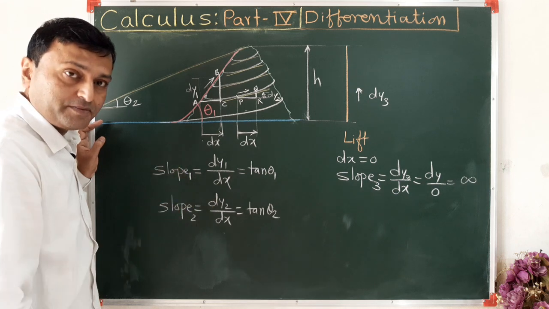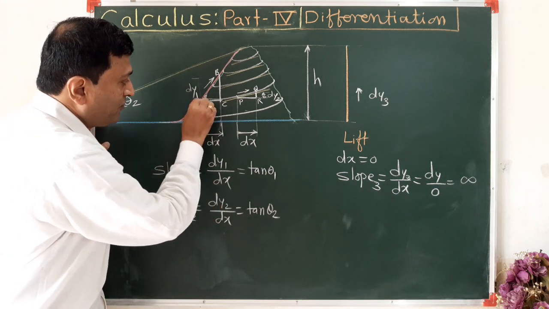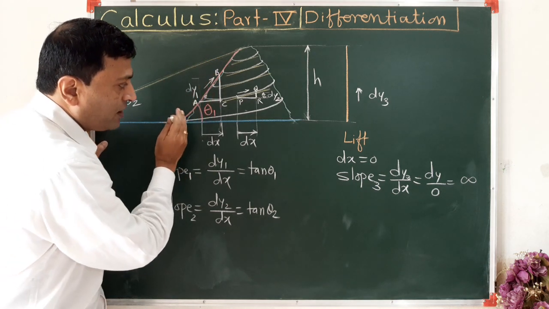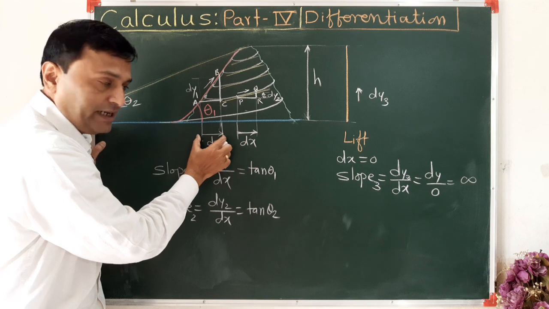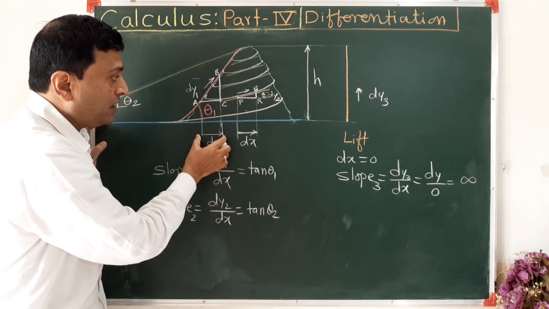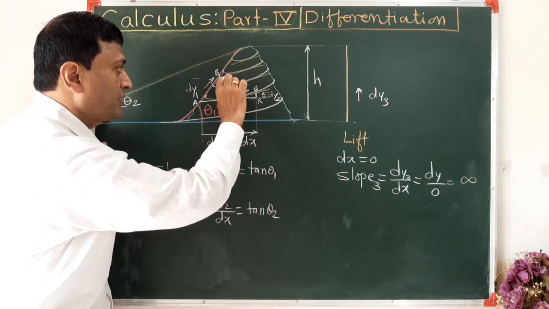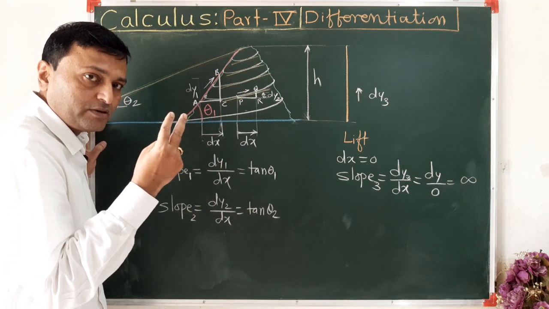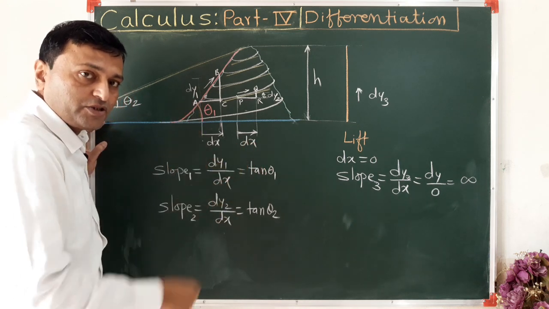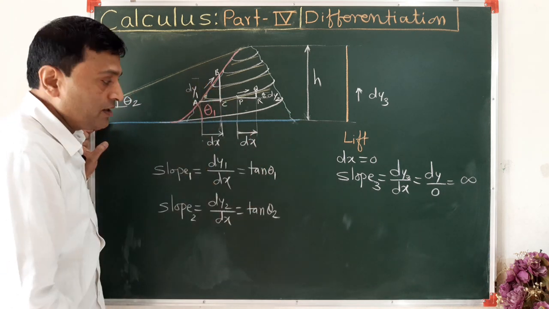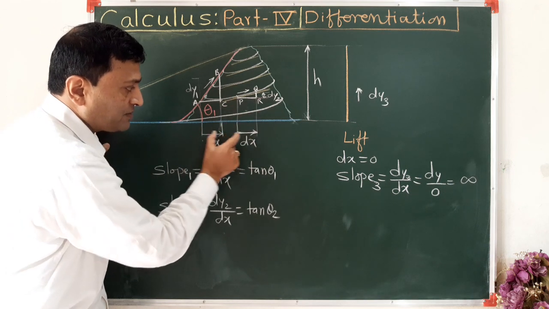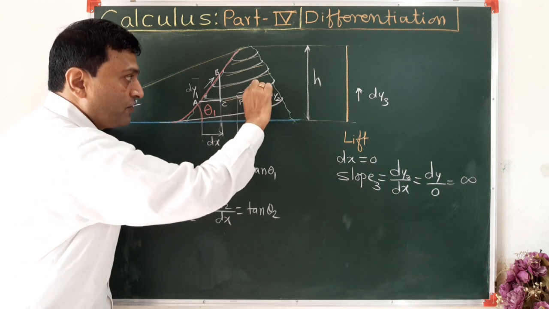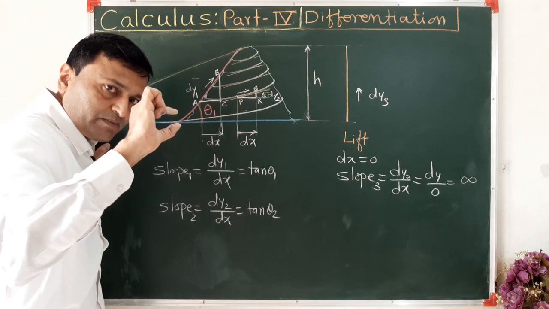How can you observe this? Suppose you are going from this point to this point, from A to B. Actually you are moving along the horizontal direction by dx meters, and also you are moving in the upward direction, this BC. So there are two motions, horizontal motion and vertical motion. In this case also, I have taken the same horizontal displacement, but from P to Q, we can cover only a small displacement, that is dy by 2.